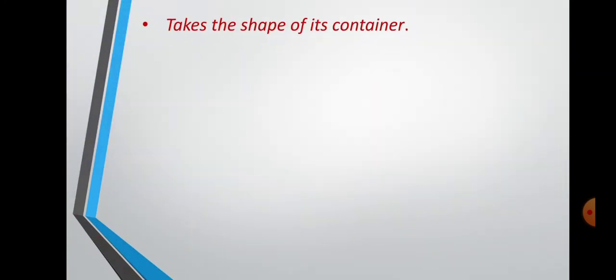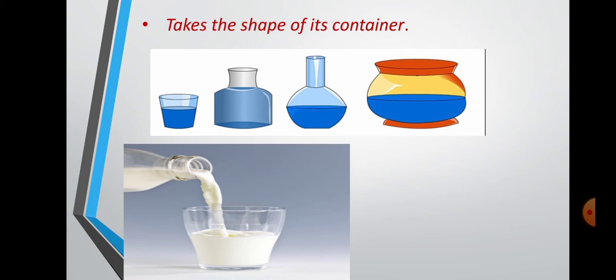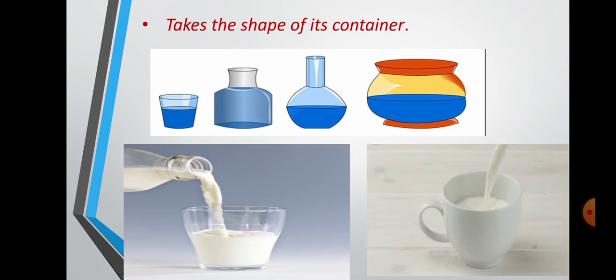They take the shape of the container they are poured into. If we pour some milk into a glass, it will take the shape of the glass. If we pour it into a cup, it will take the shape of the cup. Liquids can flow from one place to another and so are also called fluids.